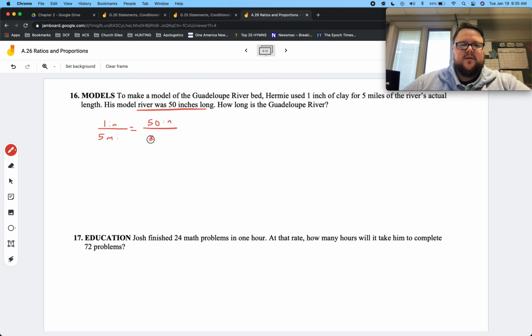Well, x miles. So our ratio is 1 over 5 equals 50 over x. And then solve for x. And when you get that, x will be however many miles. Make sure you put your units.